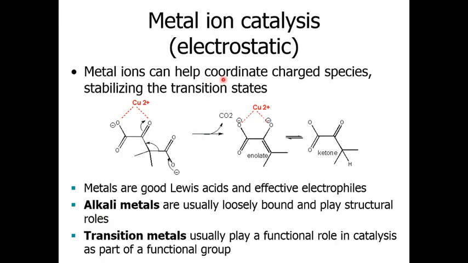Metal ion catalysis often happens in the presence of metals. Metal ions can help coordinate charged species, stabilizing the transition states. For example, copper 2 plus can stabilize this carboxyl and a carbonyl.